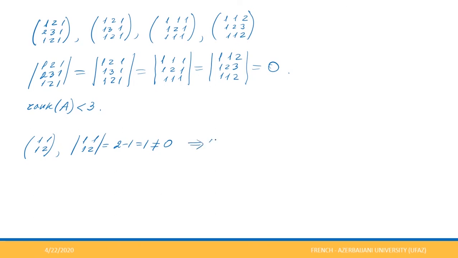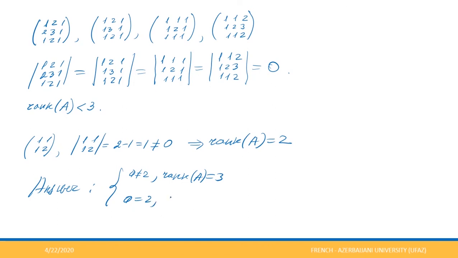Because of this, the rank of A will be 2. Then the answer will be this. If A is different from 2, then the rank of A will be 3. If A is 2, then the rank of A will be 2. That's it.